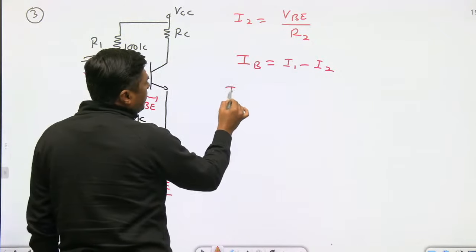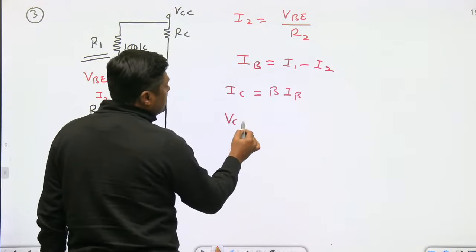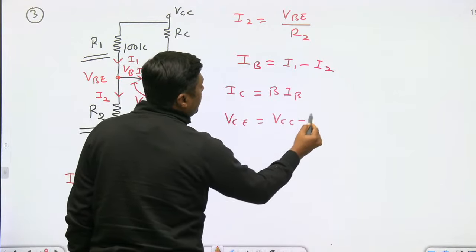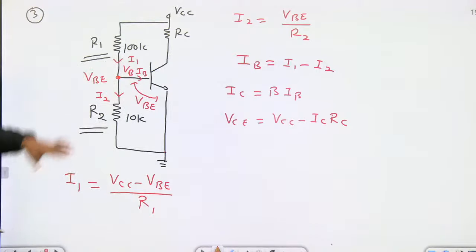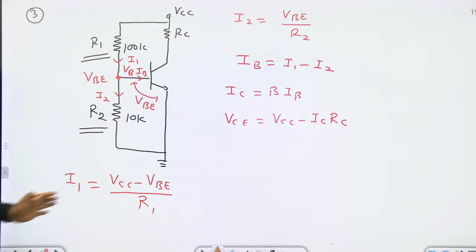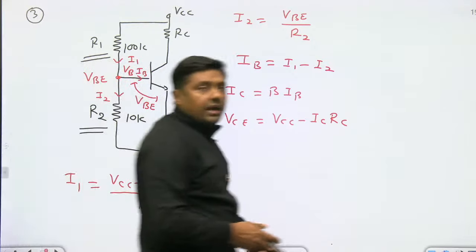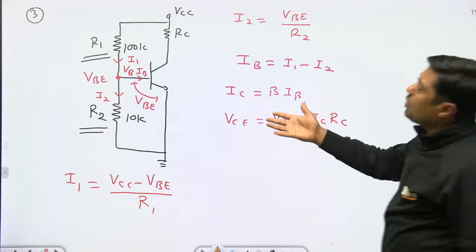And then IC is equal to beta IB, and VCE is equal to VCC minus IC into RC. Same method, but no need to apply Thevenin's here. Directly it is very easy. Again it is a fixed bias circuit because RE is not connected.